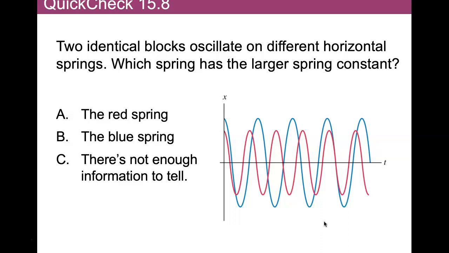Okay, so what's the information we can extract from this graph of position versus time, right? So first, we see that the amplitude of the red one is smaller than the blue one, but we figured that the period doesn't depend on the amplitude.